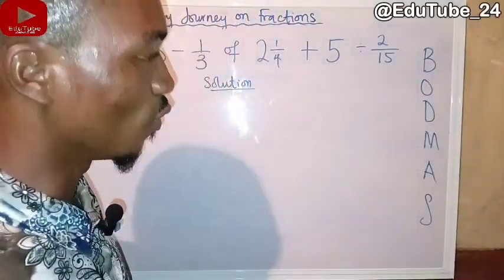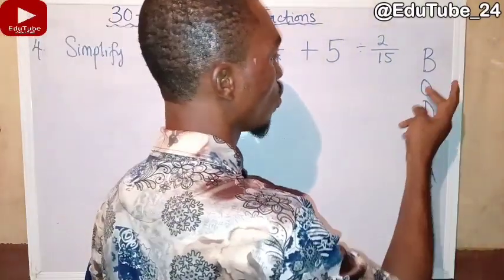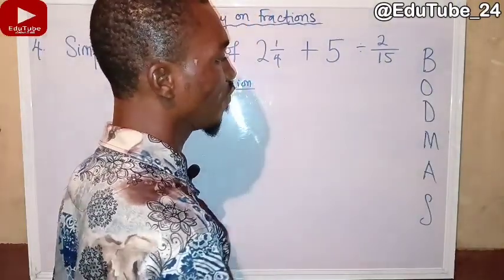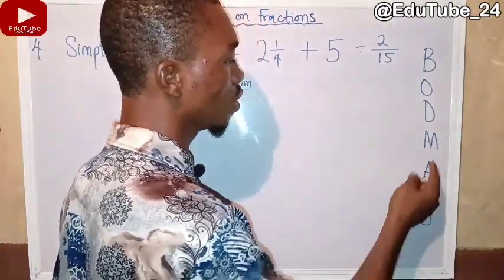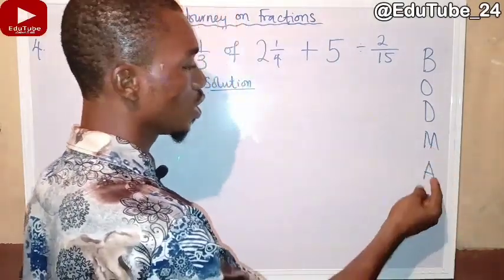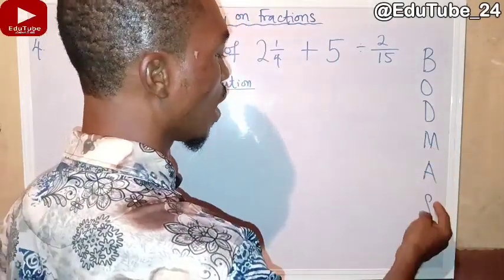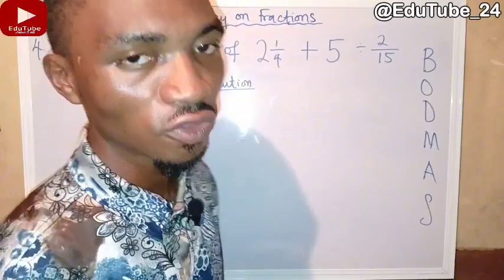So what does it stand for? B stands for bracket, O stands for of, D stands for division, M stands for multiplication, A stands for addition, and S stands for subtraction.